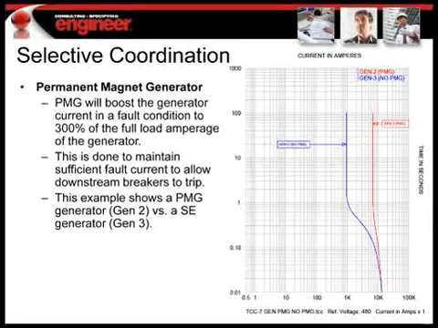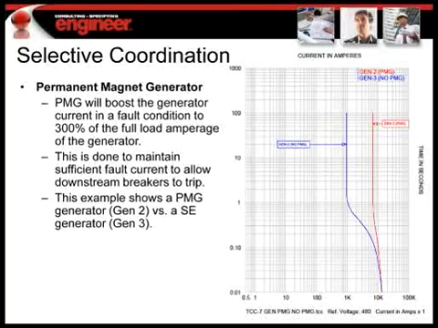As you can see with the blue line, which is the non-PMG, it starts out at the same level, but it decays very rapidly. When you're talking about selective coordination and allowing the breakers to trip downstream, you want to make sure that you maintain a certain amount of fault for those breakers to react to. So the PMG on the system is pretty important from that standpoint.